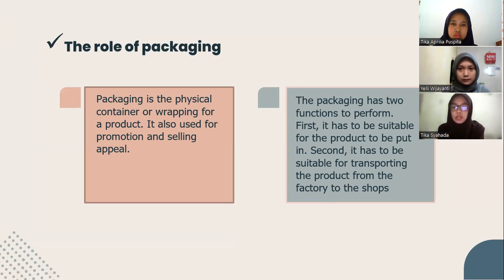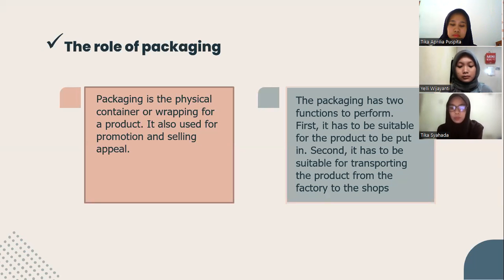It also has to allow the product to be used easily. It's no good having hair shampoo in a tin which will not allow the liquid to pour out easily.